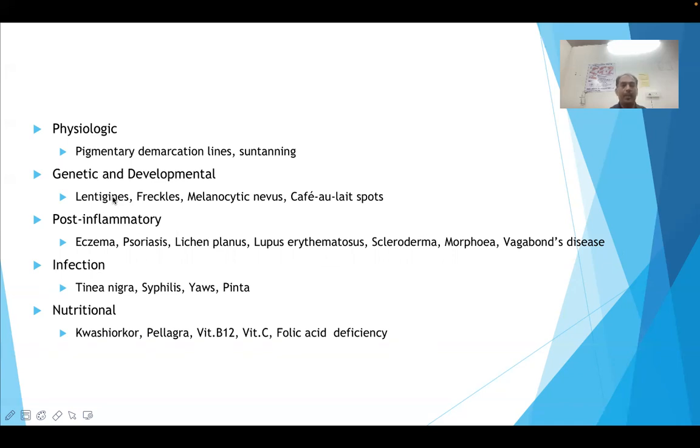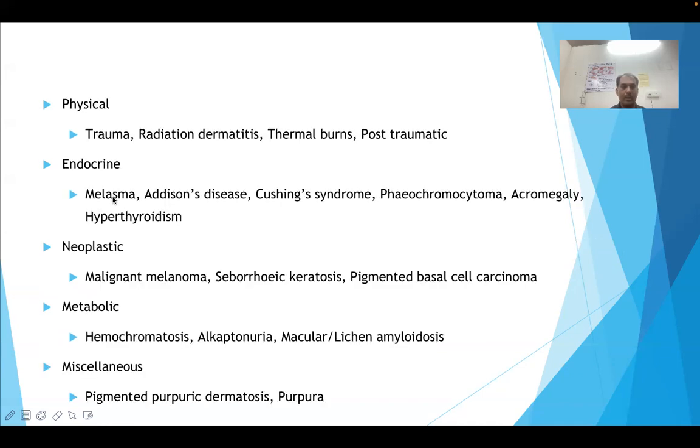Infections such as tinea nigra, syphilis, yaws, and pinta, and nutritional disorders such as kwashiorkor, pellagra, vitamin B12 and C deficiency, and folic acid deficiencies. Physical causes such as trauma, radiation dermatitis, thermal burns, and post-traumatic disorders. Endocrine disorders such as melasma, Addison's disease, Cushing's syndrome, pheochromocytoma, acromegaly, and hyperthyroidism are also causes of increase in skin pigmentation.